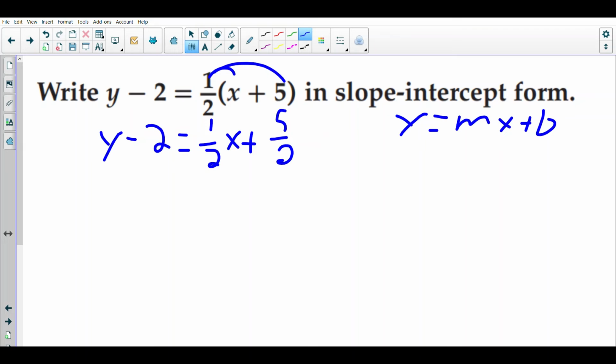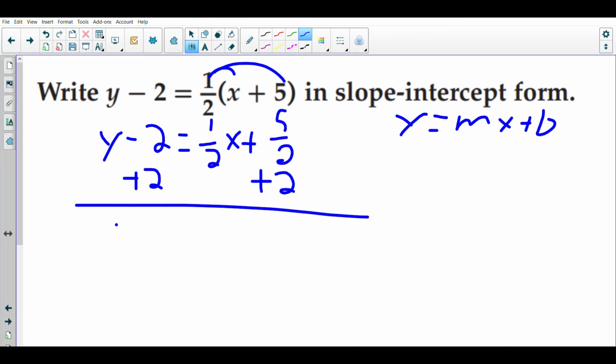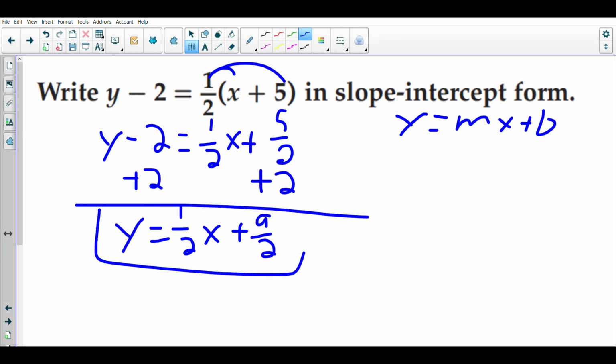And then we just need to isolate the y, so I'm going to add 2 to both sides. So we end up with y equals 1/2 x plus 9 over 2. And that's all there is to it. We're just doing some basic algebra and moving things around. Okay.